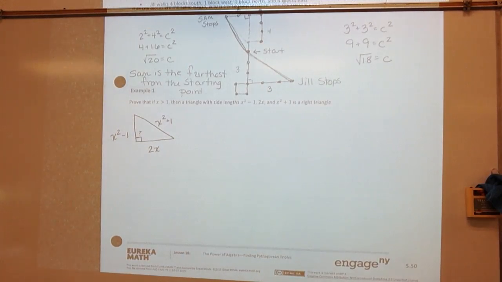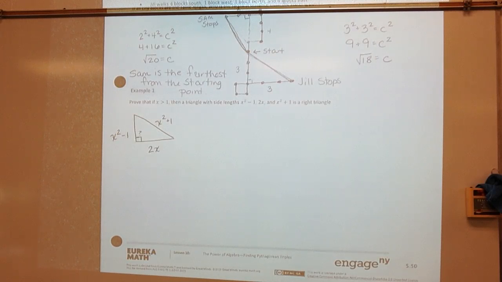I'm going to put a question mark there, because I don't know that I can draw that square corner there. By the converse to the Pythagorean theorem, if a squared plus b squared is equal to c squared, then the triangle would be a right triangle.